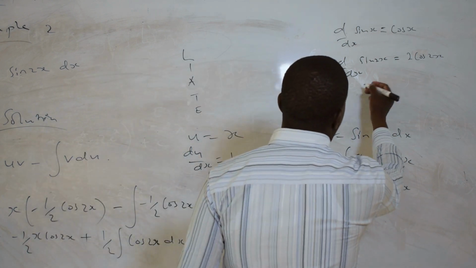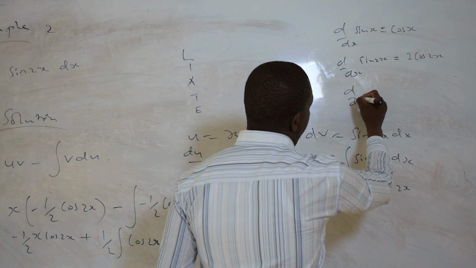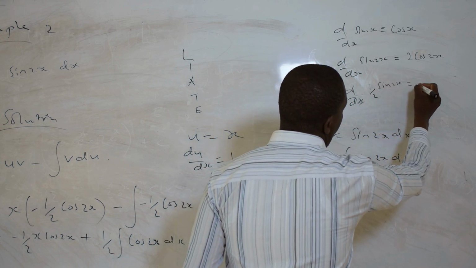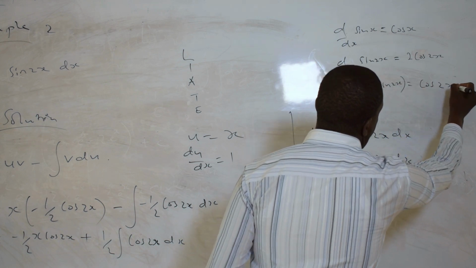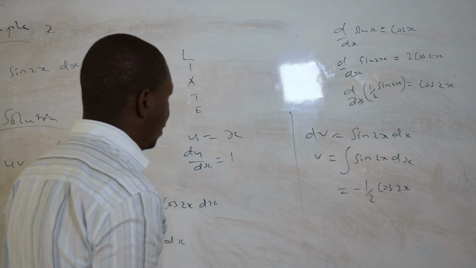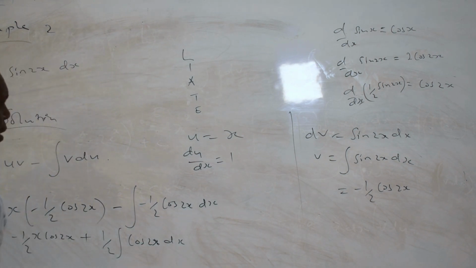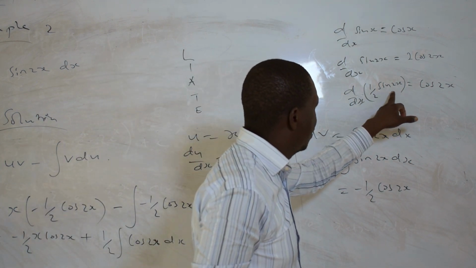So if you divide by 2, the derivative of a half sine 2x is equal to cos of 2x. So the integration of cos of 2x dx is a half sine 2x.